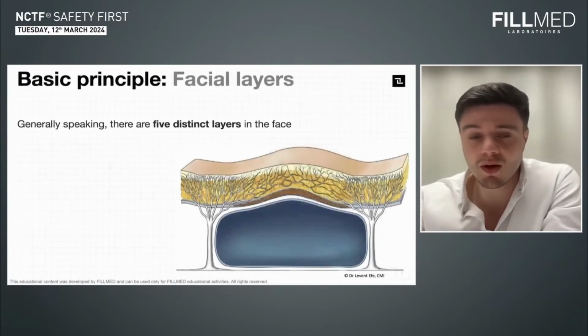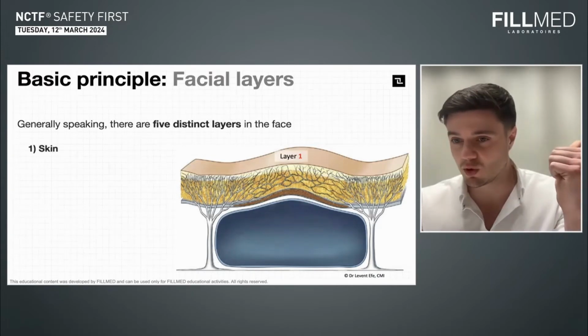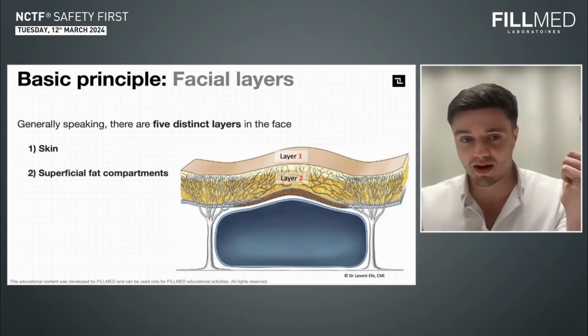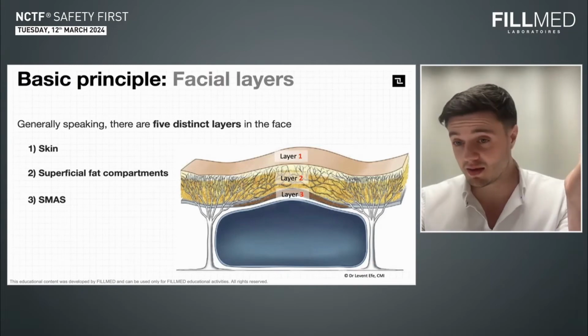So let's start simple. As you all know, the face is arranged in layers, and generally speaking, we can differentiate up to 5 layers in the face. That's the skin as the most superficial layer, followed by the superficial fat compartments, also subcutaneous fat compartments, followed by a muscular layer, sometimes called SMAS.